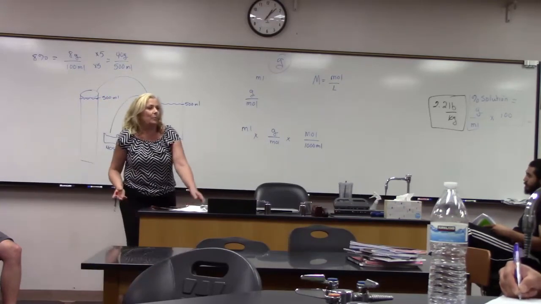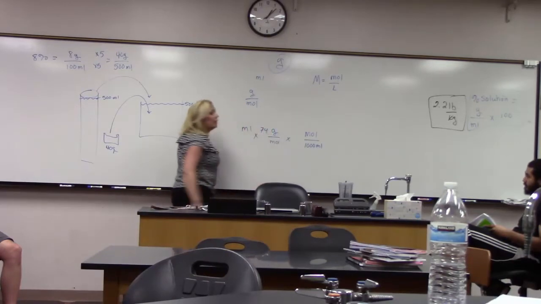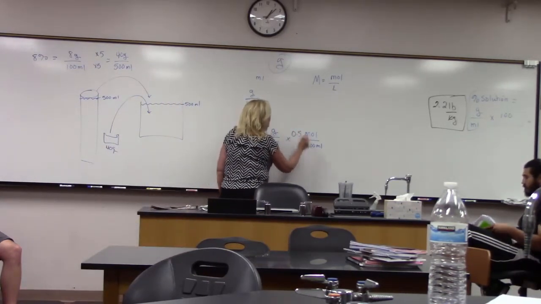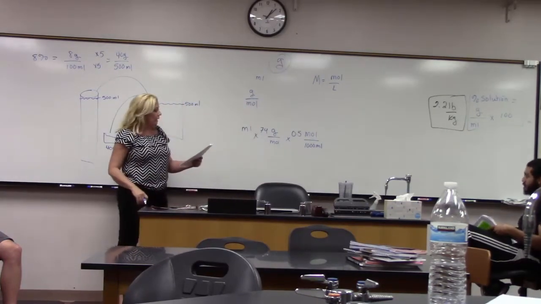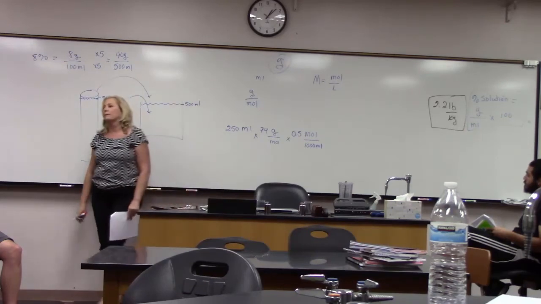So now let's just go back and plug all the numbers in. Remember, this is 74 grams per mole, and this was 0.5 moles per liter, and we had 250 milliliters.